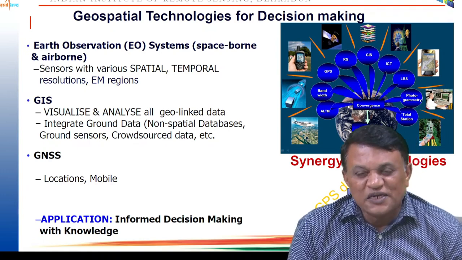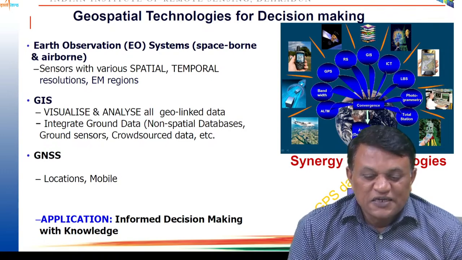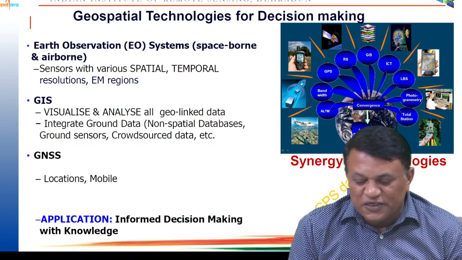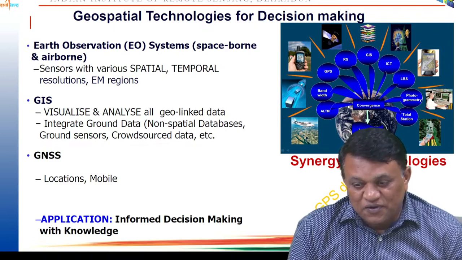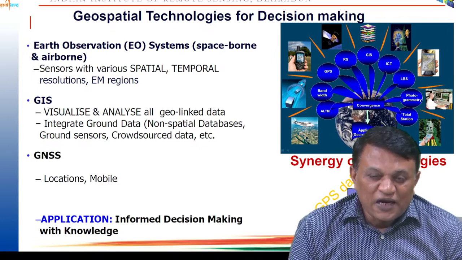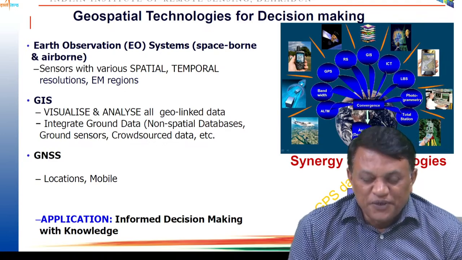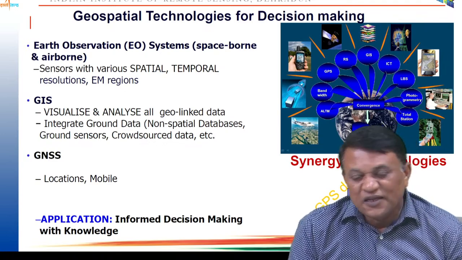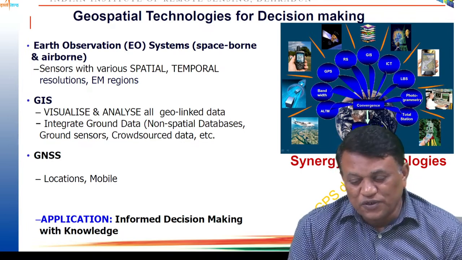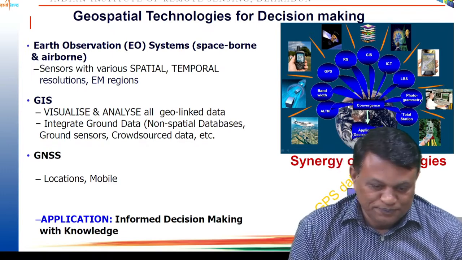GNSS provides locational services mainly with respect to food security. As I said in the last lecture, there is a mobile application developed using NavIC that helps fishermen to identify the best location where they can get a better fish catch in the ocean, and also he can track the route and come back to his own home safely.